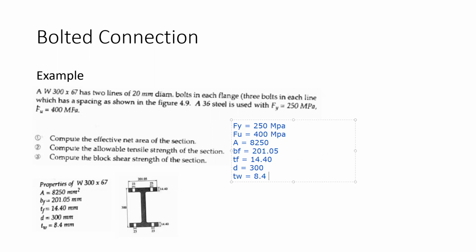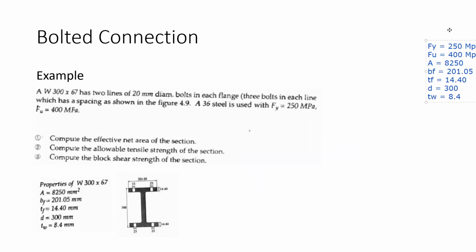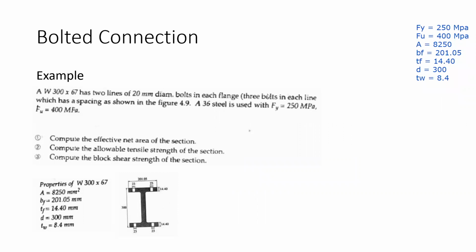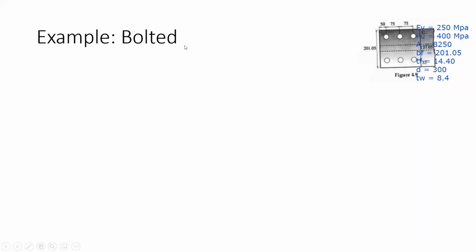Next, we only have 3 questions. We look for the effective net area of the section. Number 2, we look for the allowable tensile strength of the section. Lastly, we compute the block shear of the section. Okay, so let us continue.